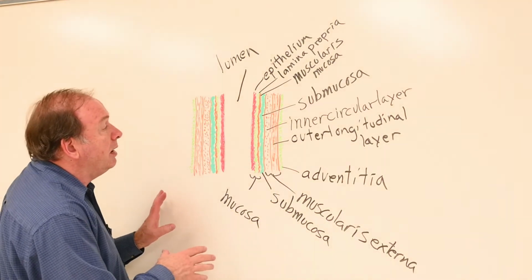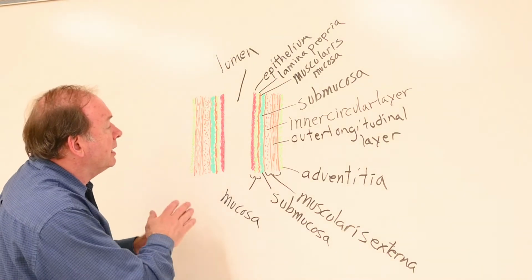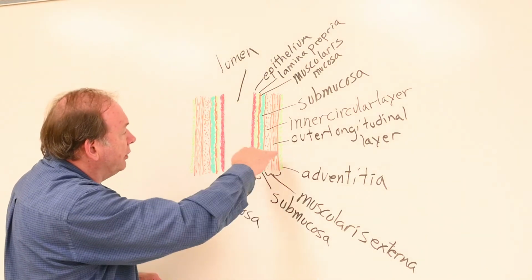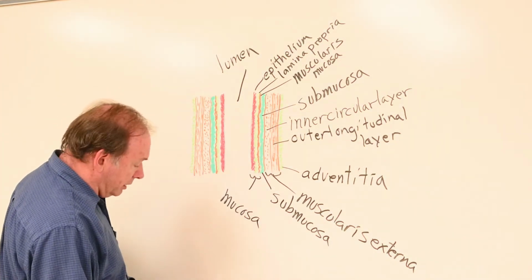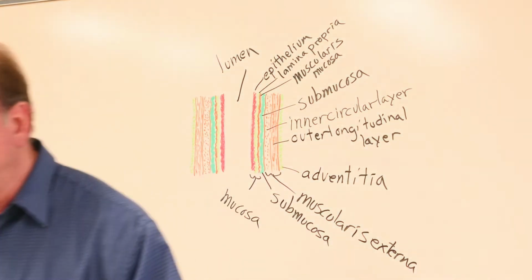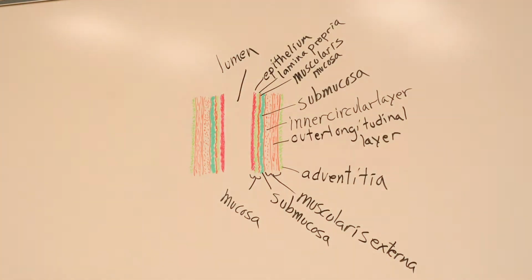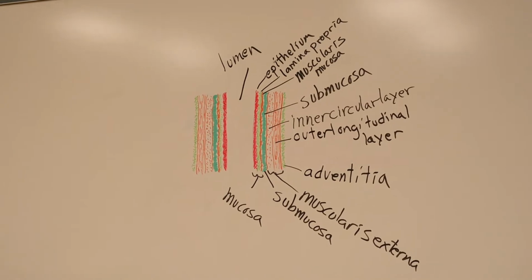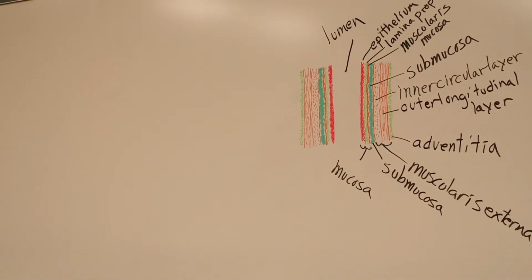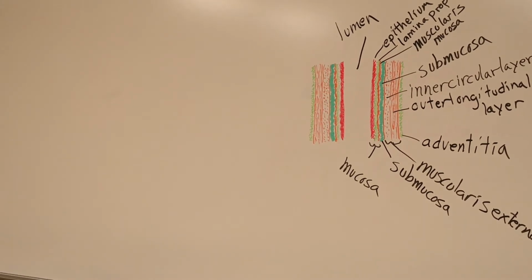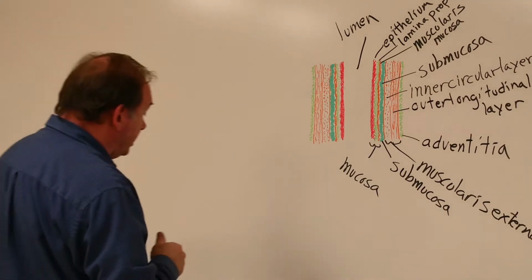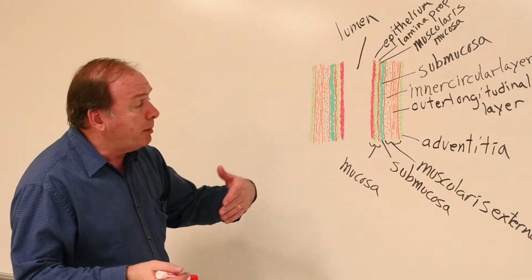Now let's think about what this would be like if we were making a cross section, cutting through this and looking at the tissue on the end. So I've just adjusted my camera a little bit.